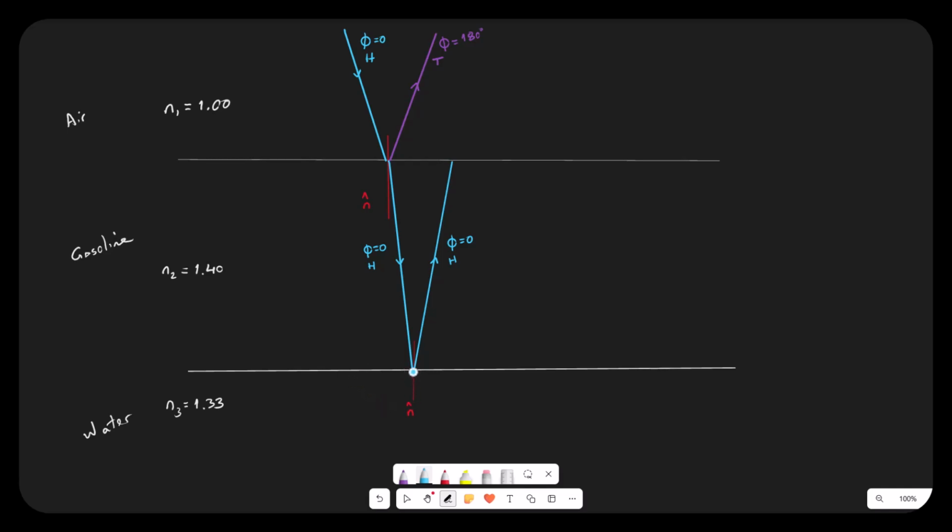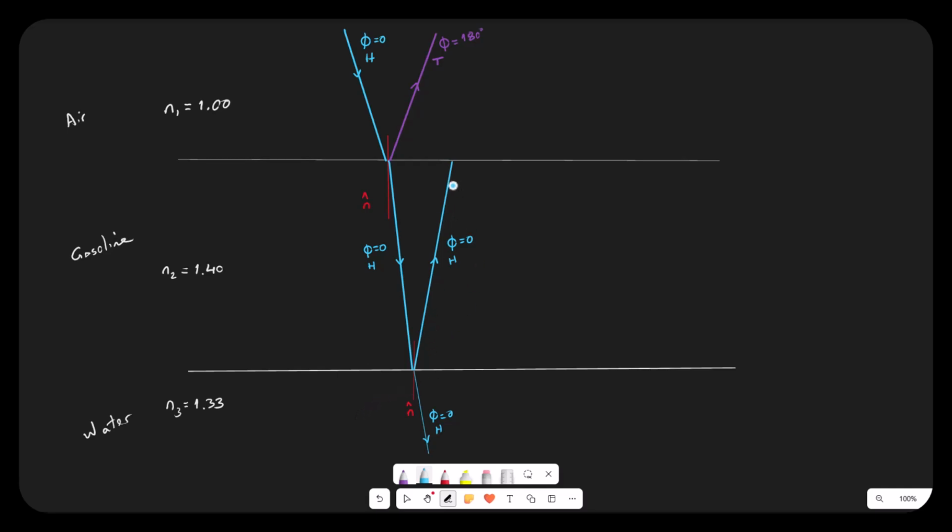This wave will continue. I'm going through water now, so I'm going to refract in here somewhat, but I'm not actually worried about what's going on with that. If I were, it would still be a phase of 0, it would still be a heads wave, but that light wave is gone to me. I don't really need it. I don't have to worry about what happens to it.